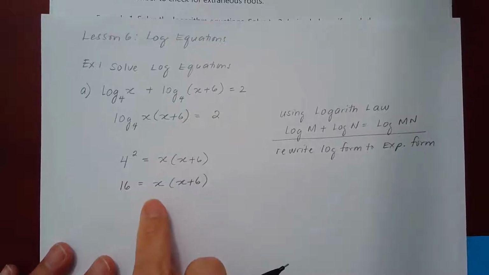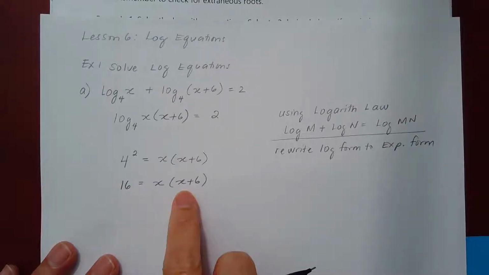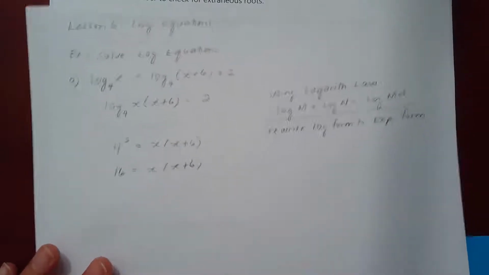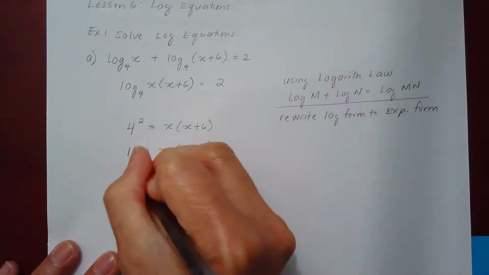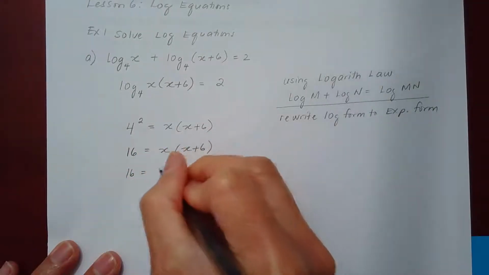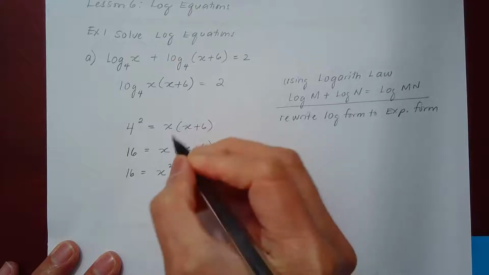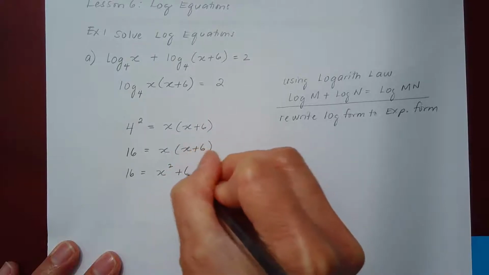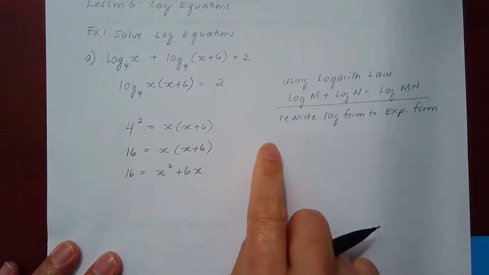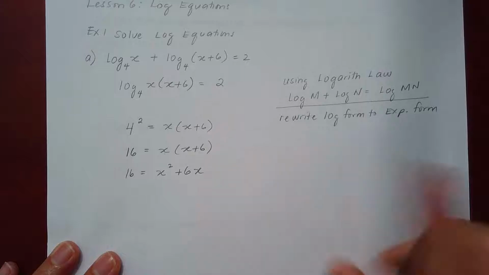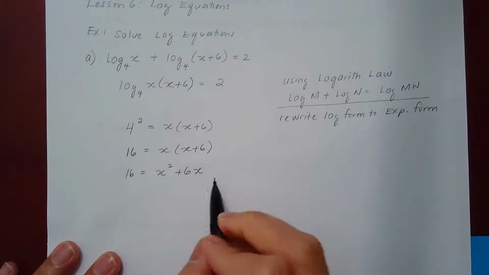Now we're getting to a quadratic equation. So it becomes 16 equals x times x squared, x times 6 is 6x. So from here, we have created a quadratic equation.